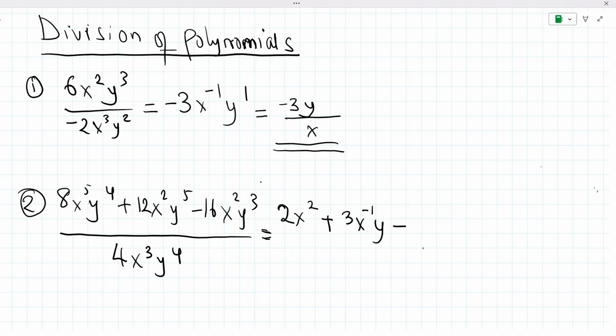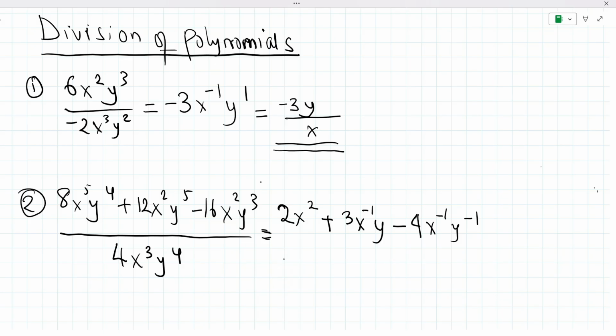Then minus 16 divided by 4 will give us 4. And then x squared divided by x cubed will give us x to the power negative 1. And then y to the power 3 divided by y to the power 4 will be y to the power 3 minus 4, which will be y to the power minus 1.